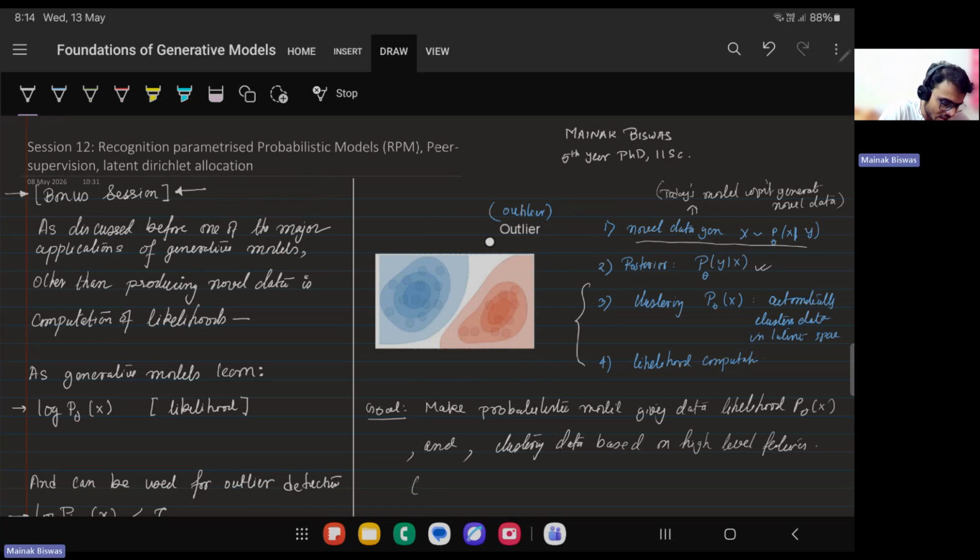For example, cluster dogs together, but separate them from cats. This is the overall goal of today's session.